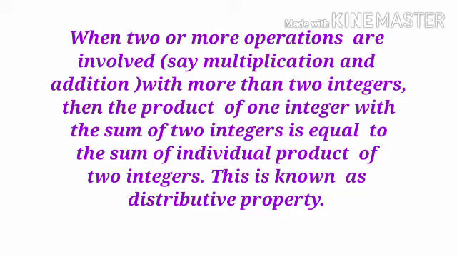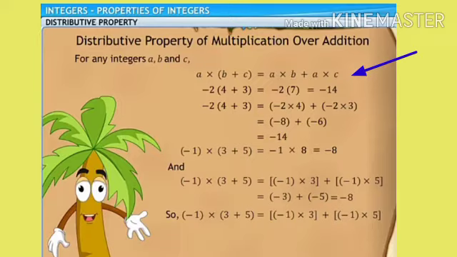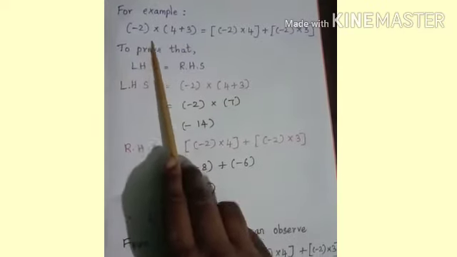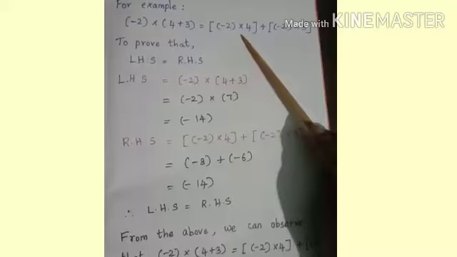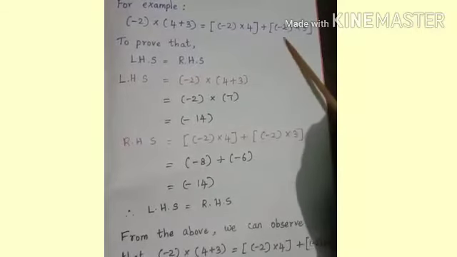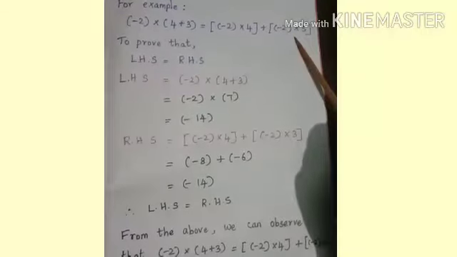This is known as distributive property. In class 6, we have already studied that multiplication distributes over addition on whole numbers. Let us check the property for integers. For example, minus 2 into 4 plus 3 is equal to minus 2 into 4 plus minus 2 into 3.